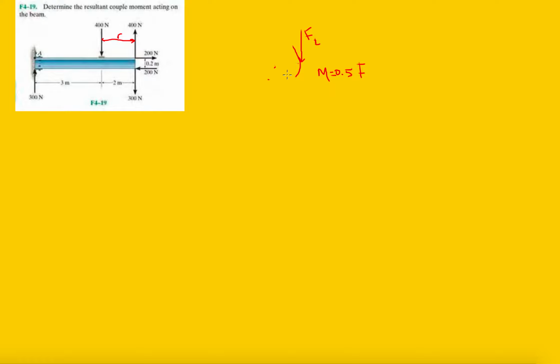First, let's identify the couple moments in our system. Here I pointed out the 400 Newton forces. They're non-collinear: we have 400 newtons and 400 newtons going up.